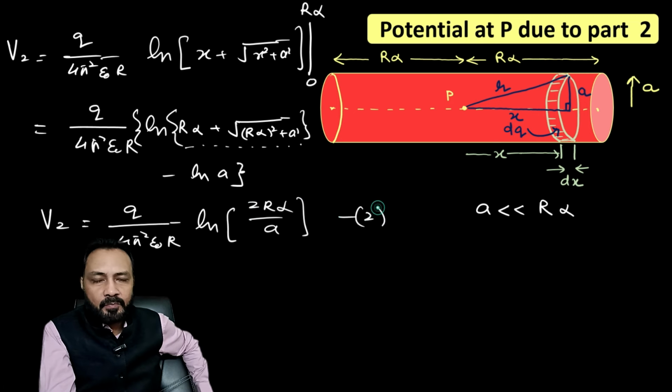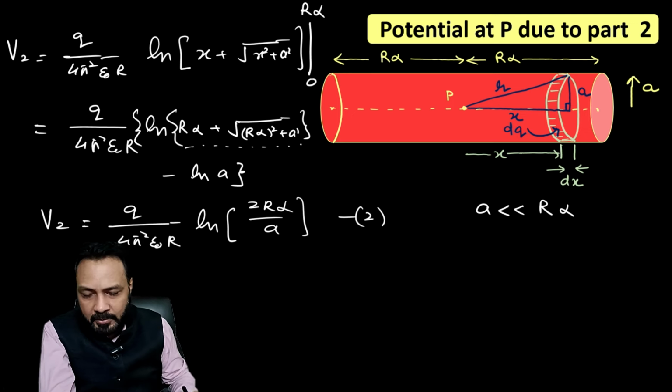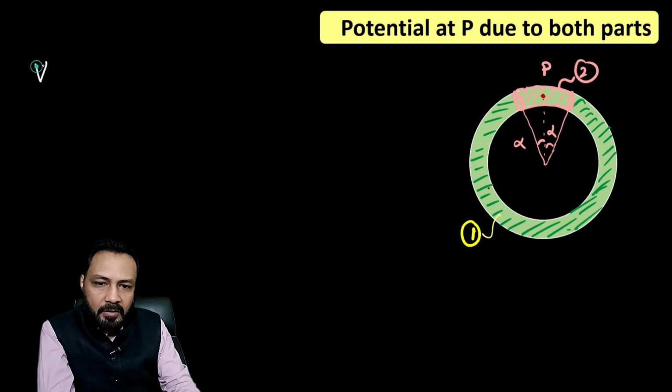That is my equation. So we got the potential at P due to both parts. So total potential at P because of part 1 and part 2, that is V, is equal to V1 plus V2. And q divided by 4 pi square epsilon naught r was common.